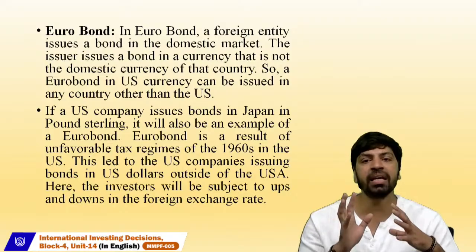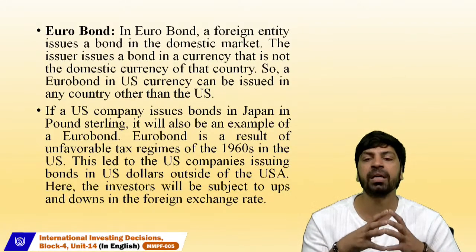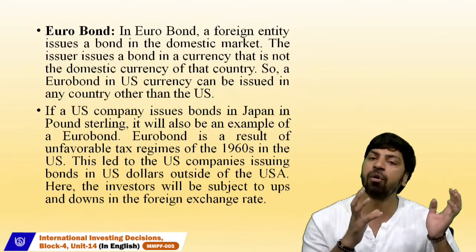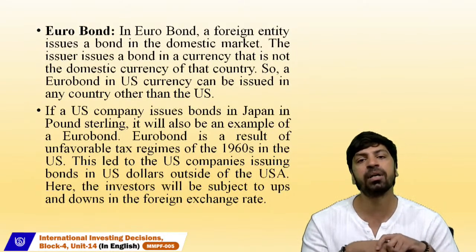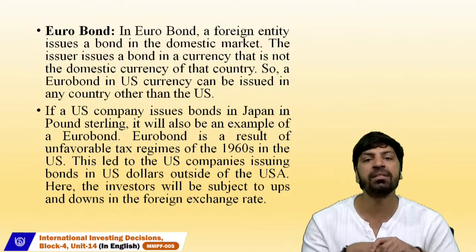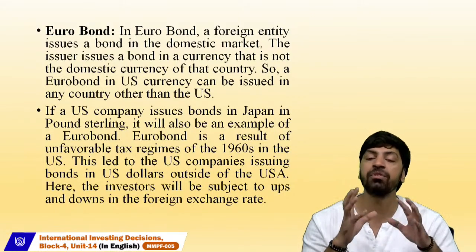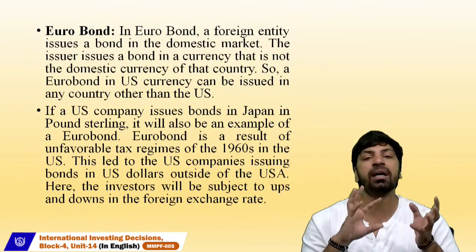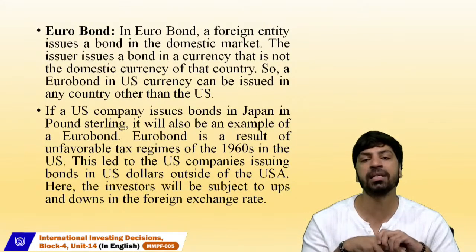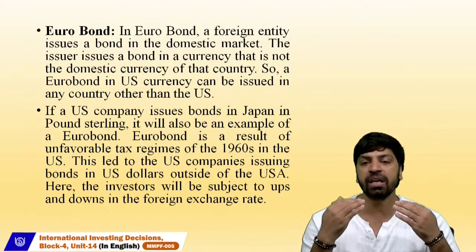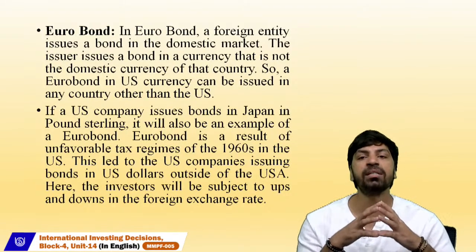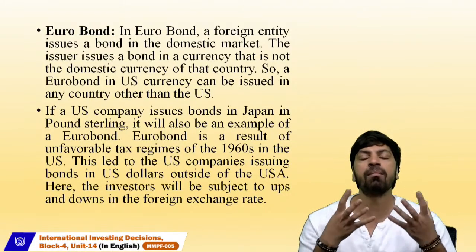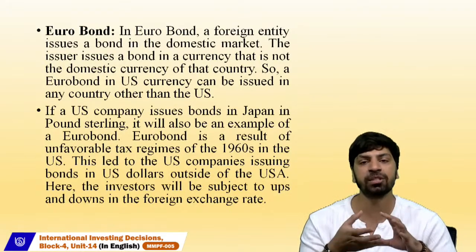If a US company issues a bond in dollars outside the country, it becomes a Eurobond. And investors definitely have to take care of the ups and downs of the foreign exchange market. In the previous type, foreign bonds, the Indian investor doesn't have to worry about the foreign exchange market.